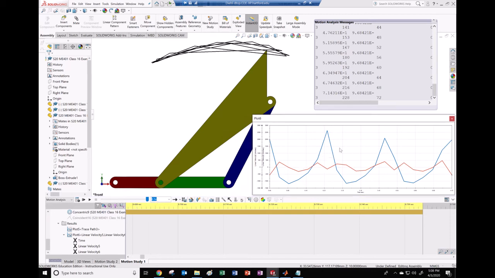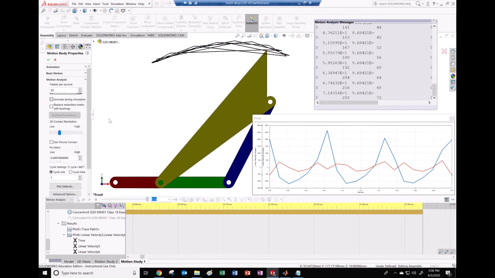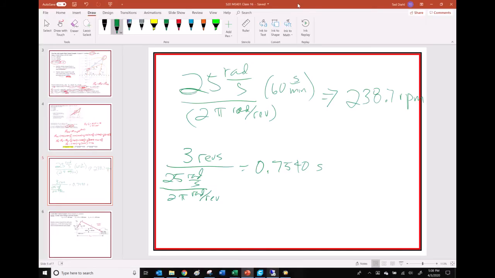Now, this is not enough increments, and if we want to know why, we can go to this little gear, and we can see that there's only 25 frames per second, and we don't even have a second here. We only have 0.754 of a second. So what we want to do is figure out how many frames we need to be equal to the same thing that we were using before. Unfortunately, there's not going to be an exact right amount, because of the radians per second and the fact that this ends up being a non-even number.